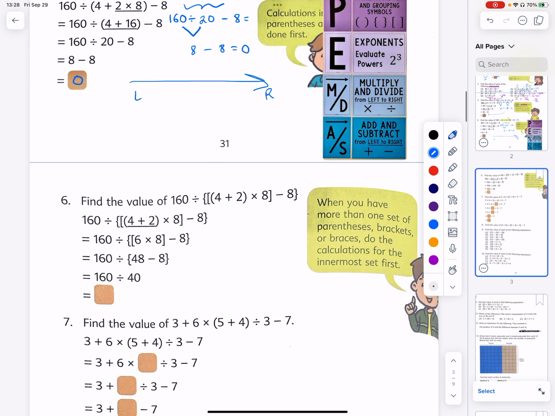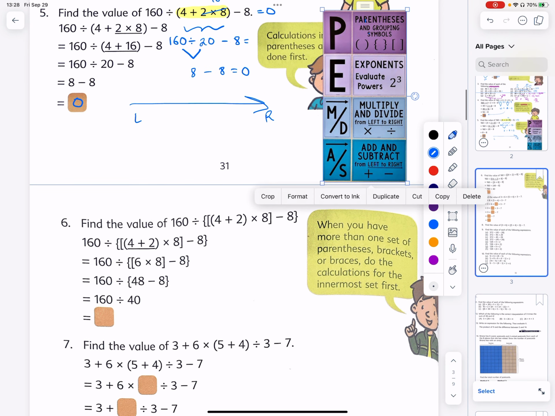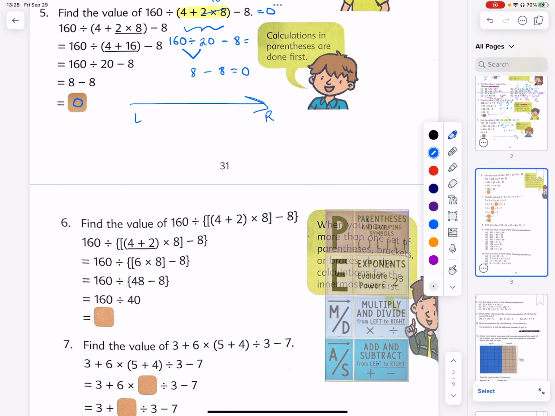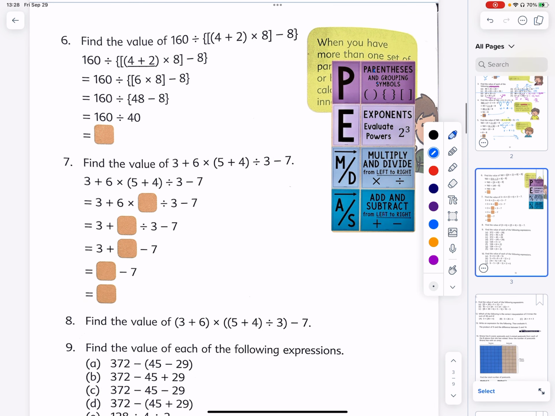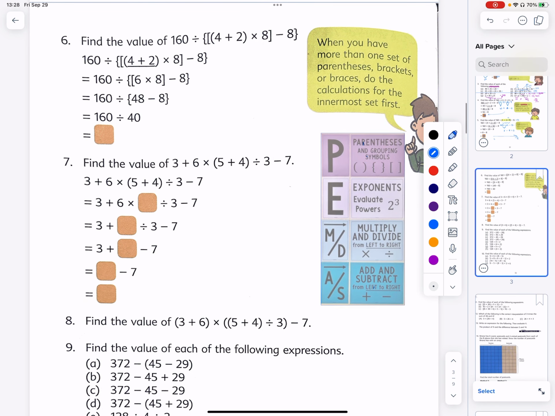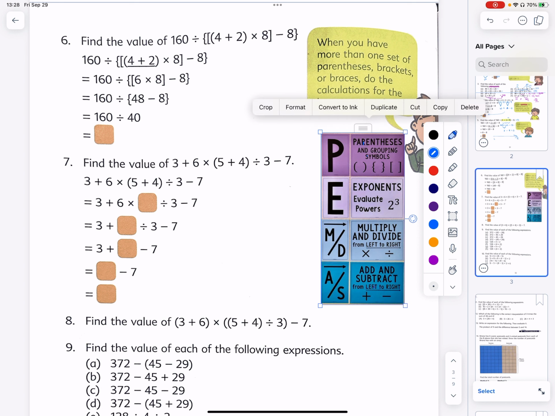Again, I'm going to bring down our rules so we can see them much easier as you use them. We have multiple parentheses. I call them nested, kind of like those matryoshka dolls, or kind of like layers of the onion that one wraps up another. When you have more than one set of brackets or braces, do the calculation for the innermost first.